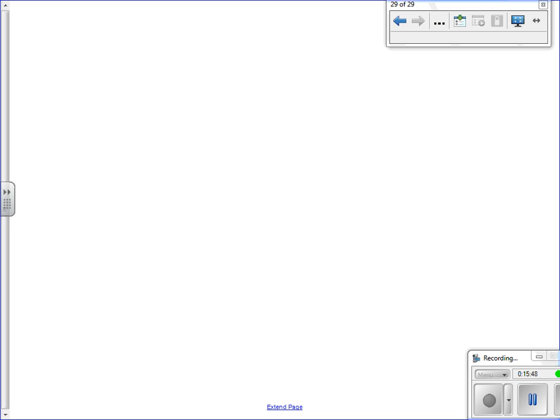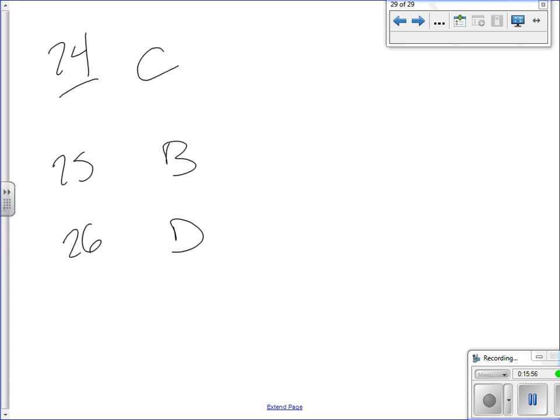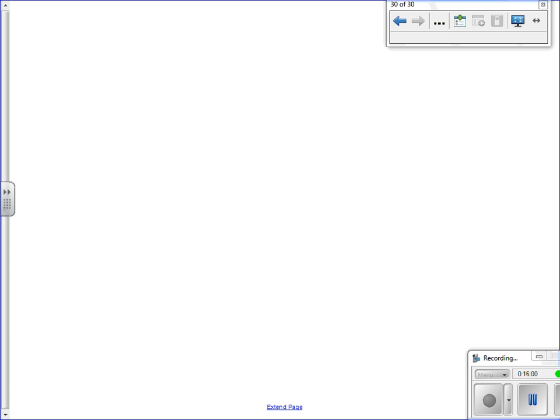Boom, a couple of rapid fire ones. 24, C. 25, B. 26, D. 27, still working on it.